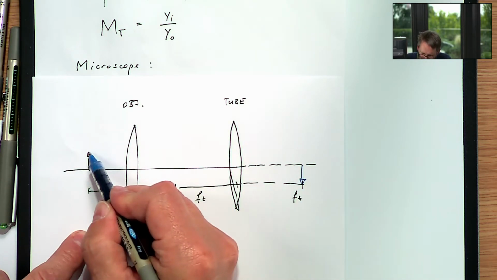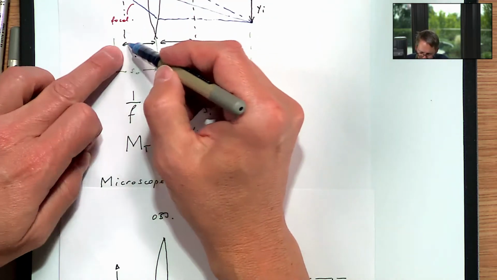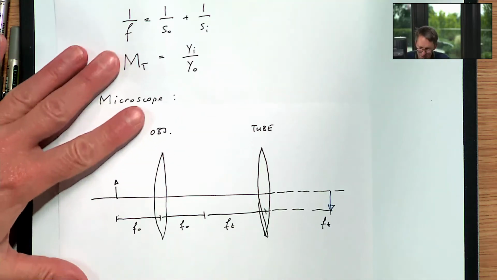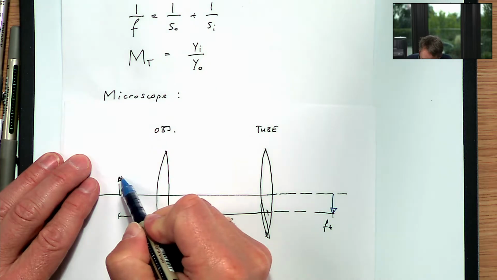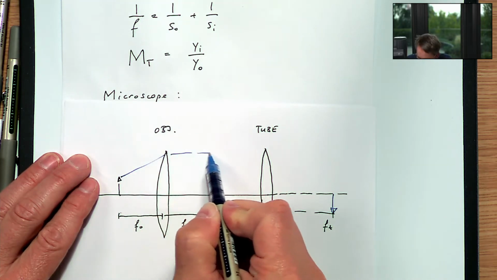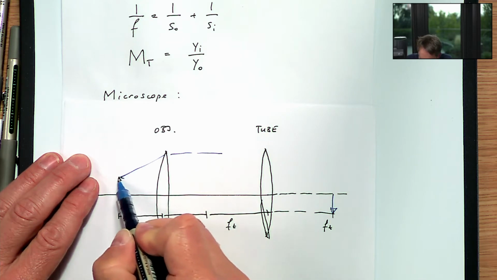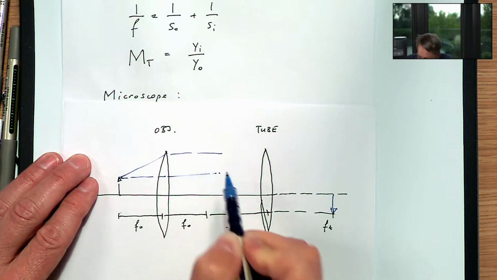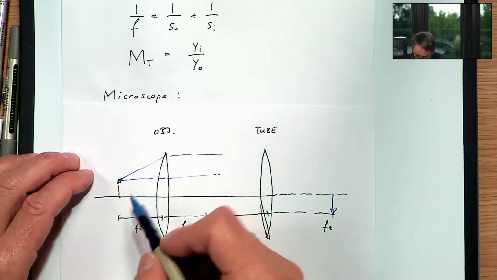If I am exactly one focal distance away, then all the light that comes out afterwards is parallel. Any light that goes from here through this objective lens will end up being parallel, so anything that you draw from this will be essentially a parallel ray of light coming out.